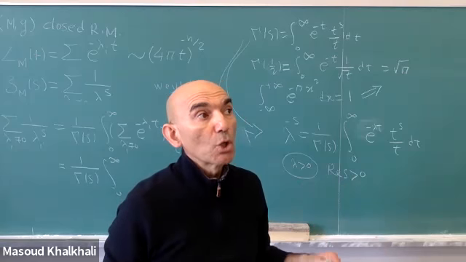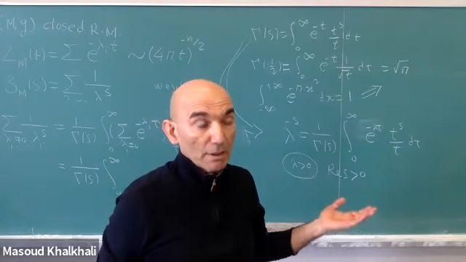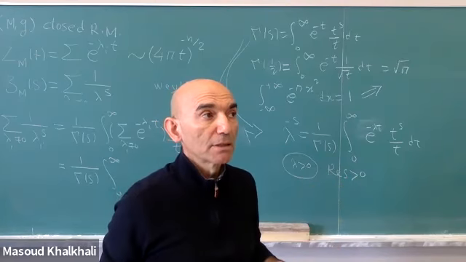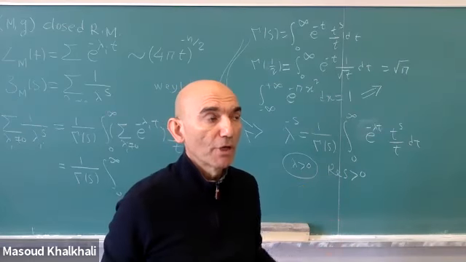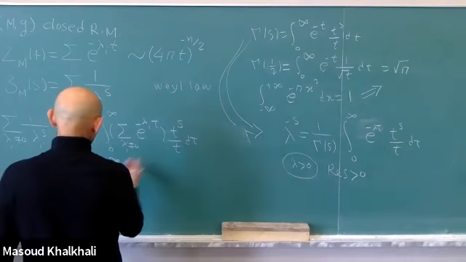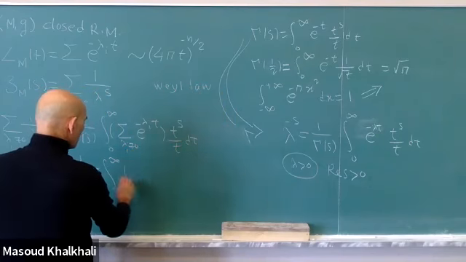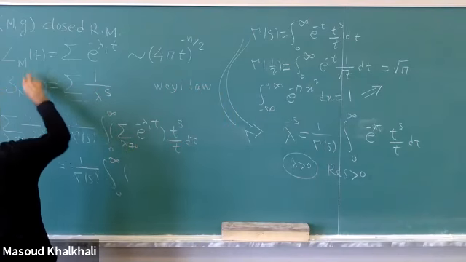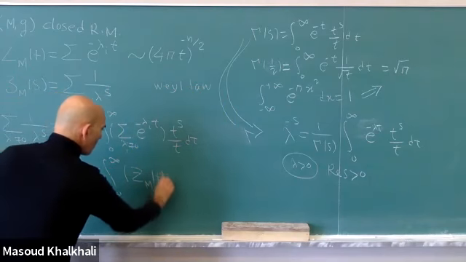For connected manifolds, it follows, as I said, that the multiplicity of 0 is 1, because that's the dimension of the space of harmonic functions on this compact manifold, which is 1. So I can write it as Z(t) minus 1.